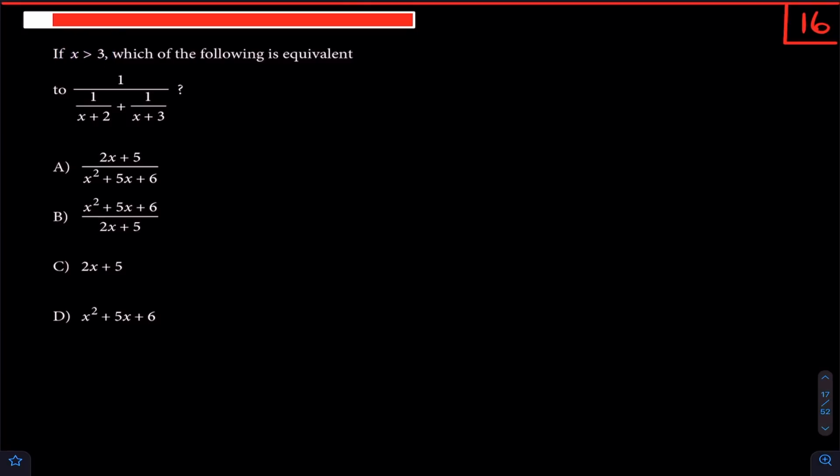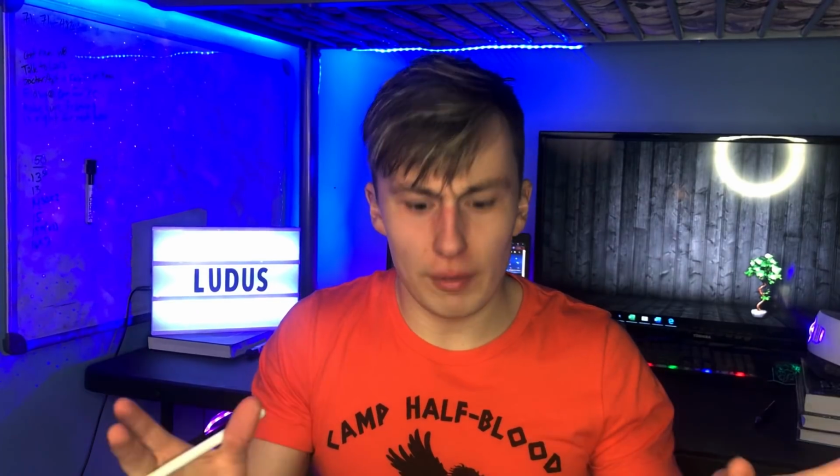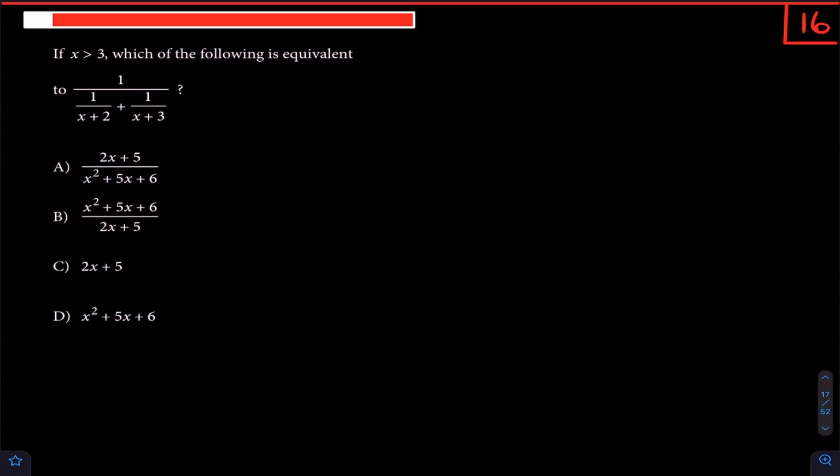If you look at this fraction here, you can't have a -3 for x. You cannot have a -2 for x. And so what this inequality does, I don't really know why they chose 3, but it just keeps it so x can't be -2 and it can't be -3. Because if x is greater than 3, it can't take either of those values. So basically you never have to worry about that inequality. Again, it just stops the denominator from being 0.